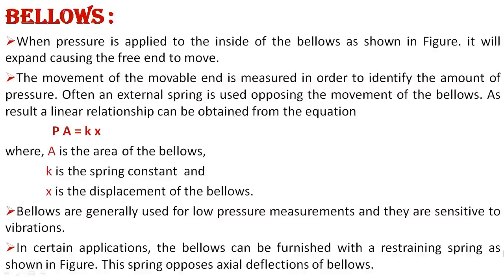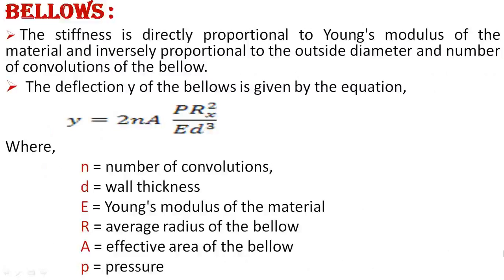In certain applications, the bellows can be furnished with a restraining spring, as shown in the figure. The spring opposes axial deflection of the bellows. So that is the working of a bellows elastic transducer. The stiffness is directly proportional to the Young modulus of the material and inversely proportional to the outside diameter and number of convolutions of the bellows.